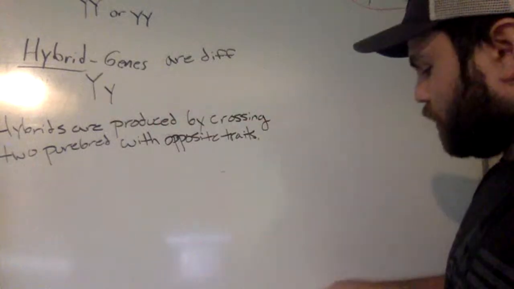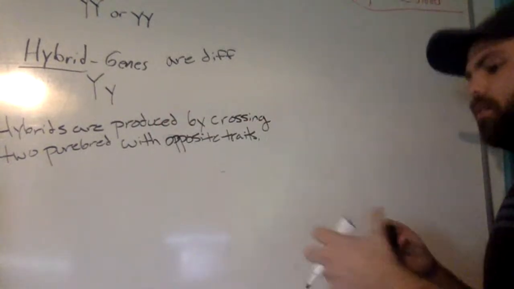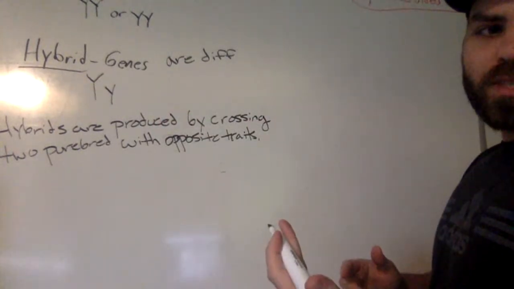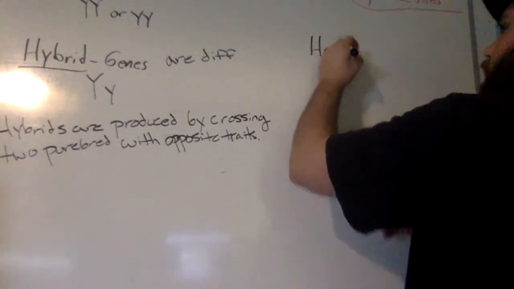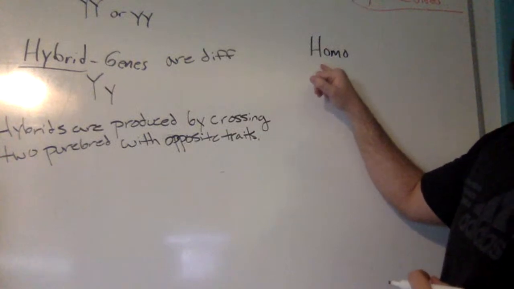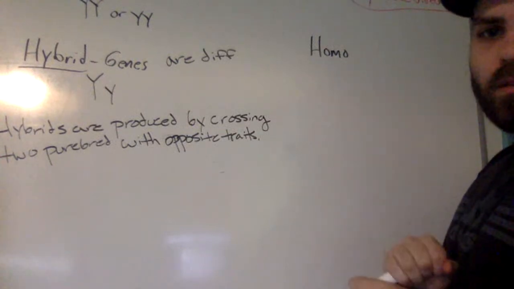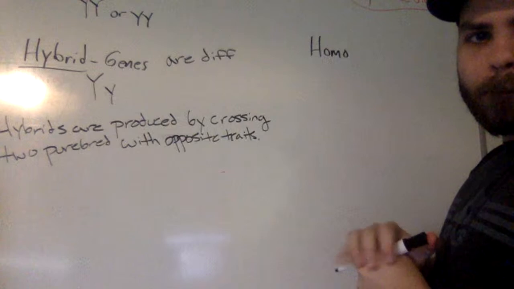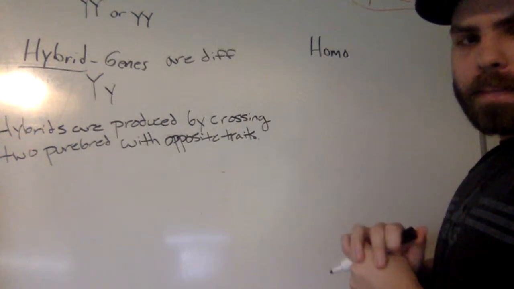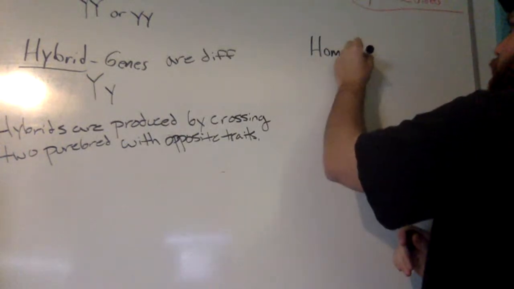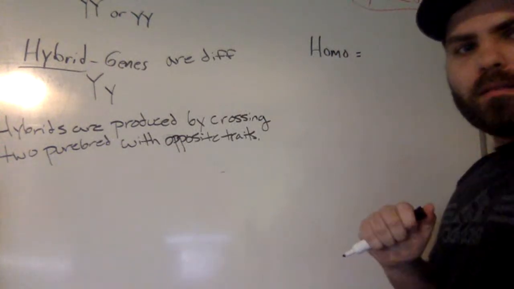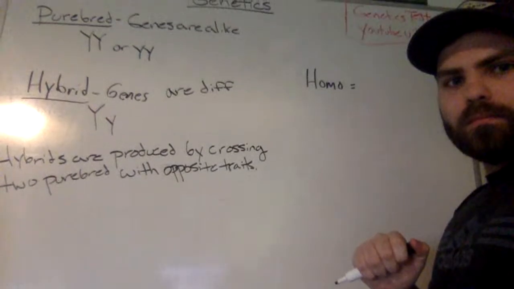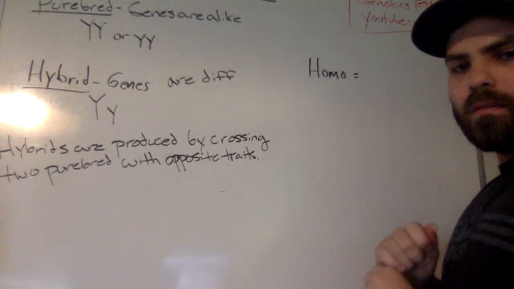All right. So the last thing I want to just go over really quick. When we're talking about homozygous, right? What does that mean? Is that same or different for homozygous? What do we think? It's going to be the same.